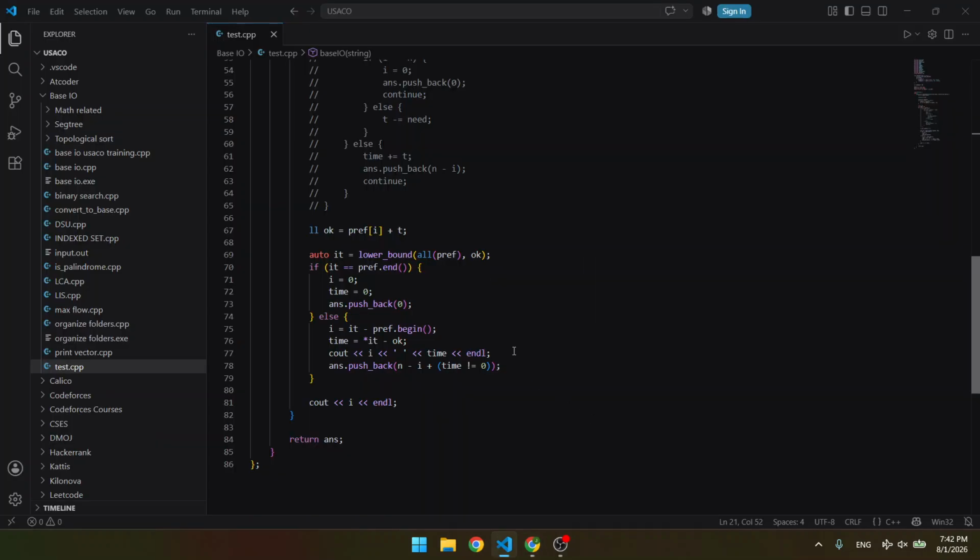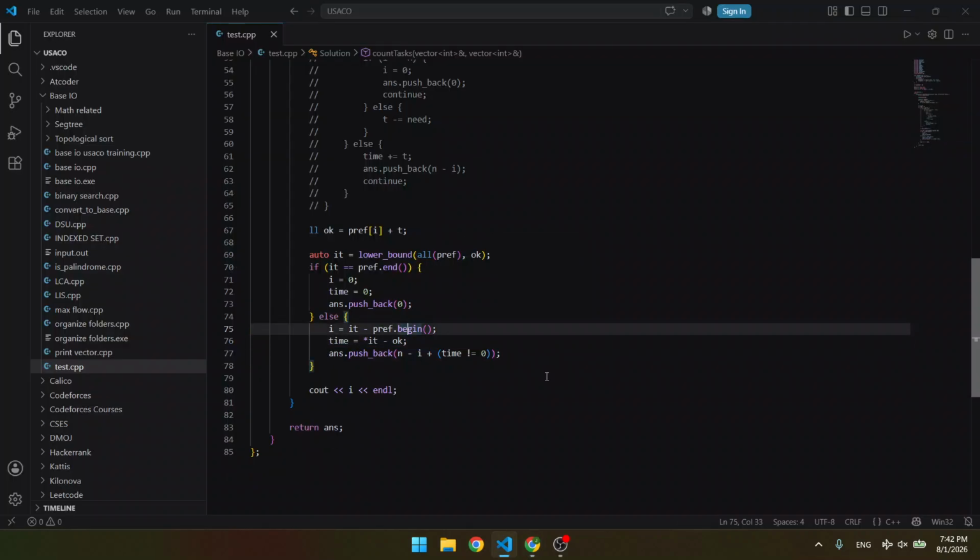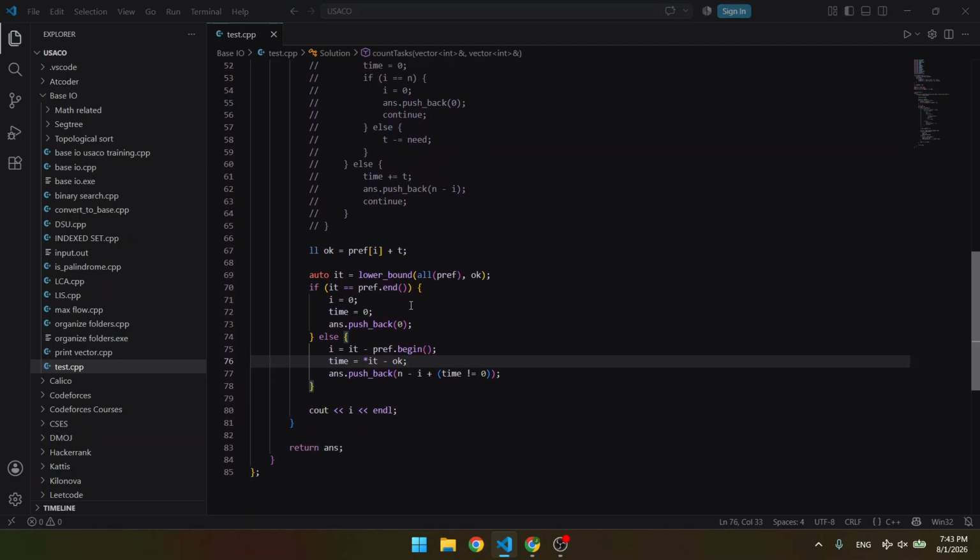One and 3. We start at 0. If time is 0 over here, time is 0. It minus okay. Okay is pref i plus t.